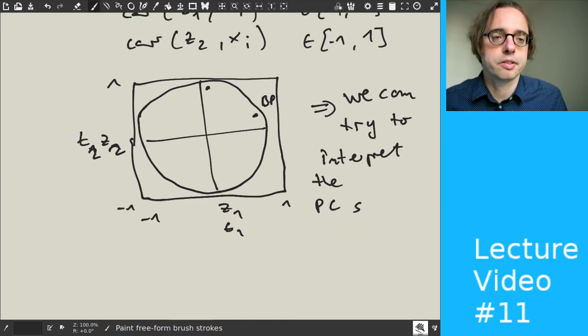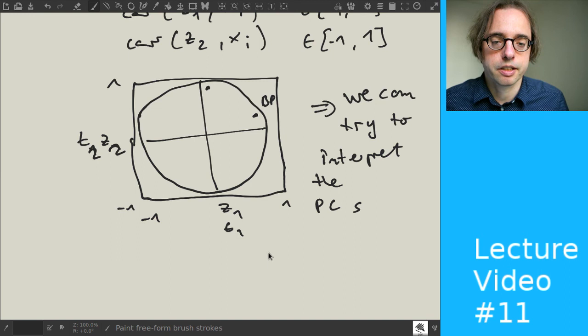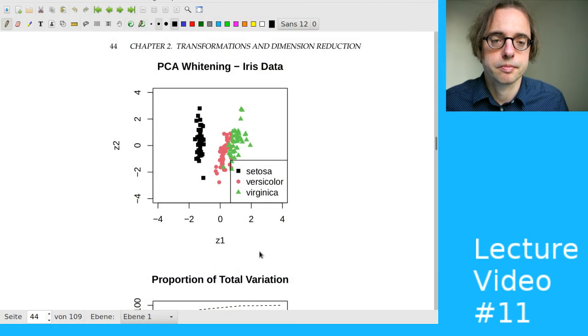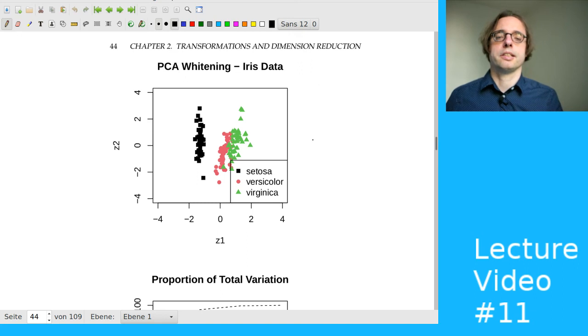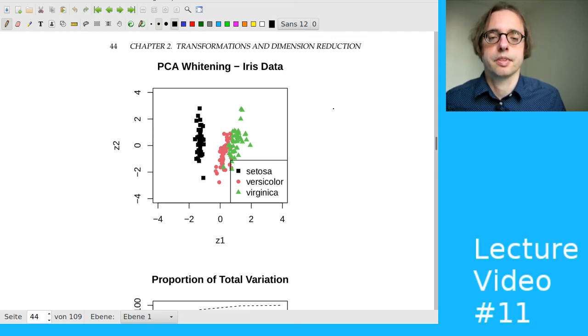So let me give you a printed example from the manuscript. There's a data set called iris data, which is a flower data set. You will do this actually in the example sheet. This is a scatter plot of the PCAs.